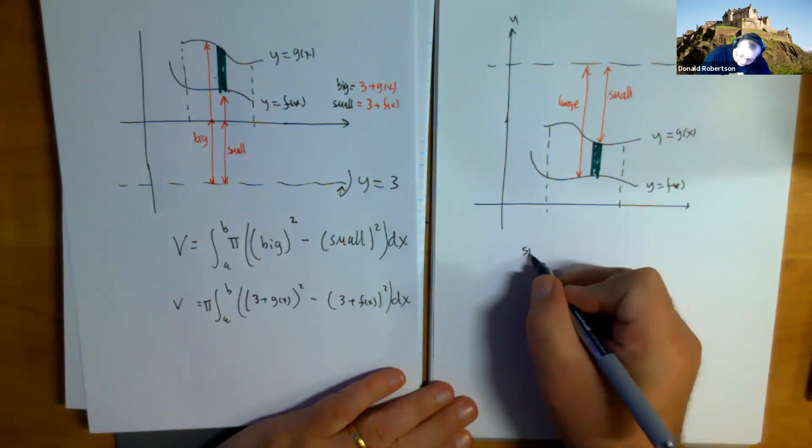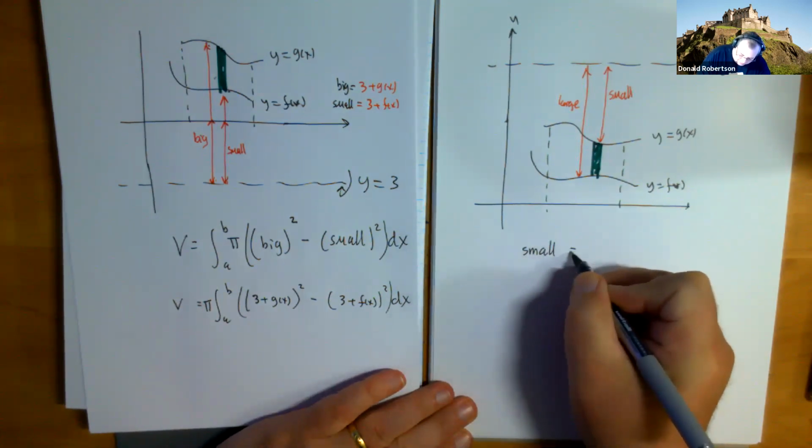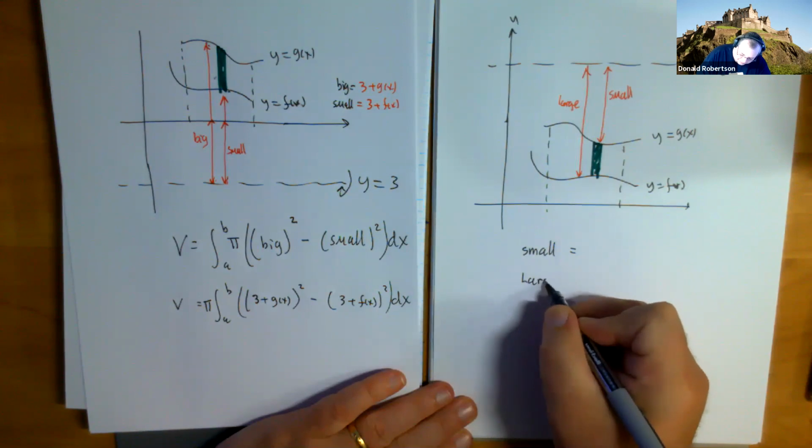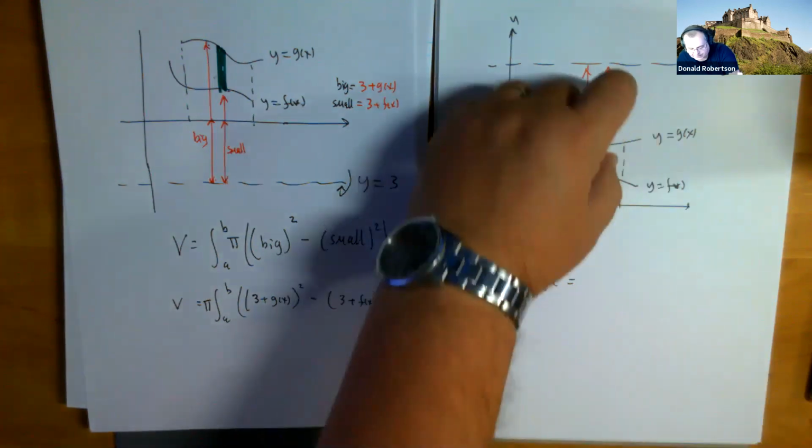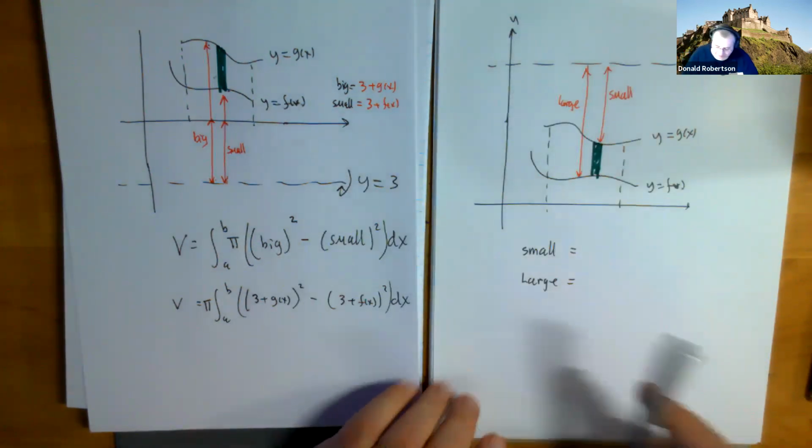So let's find out how you find the small and the large, or the big. I keep switching between the words big and large, but it's the same thing. How are you going to get that distance?